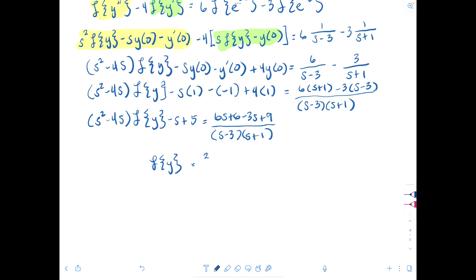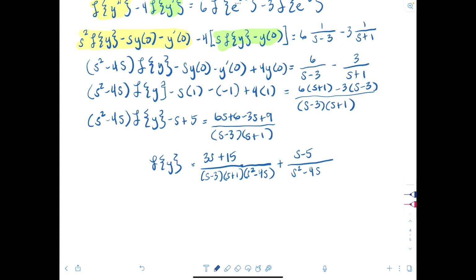Simplified, we have 3s plus 15 over s minus 3 times s plus 1, and then s squared minus 4s, because we'll be dividing by that. And then we will have plus s minus 5 over s squared minus 4s.